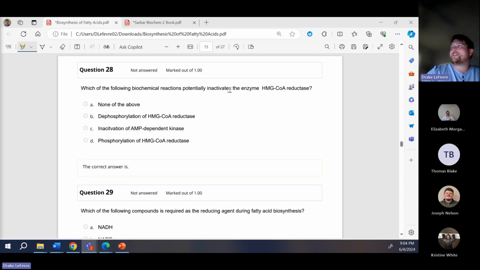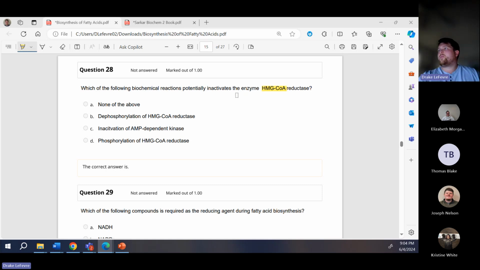Which of the following biochemical reactions potentially inactivates the enzyme HMG-CoA reductase? Whenever we see HMG-CoA reductase or HMG-CoA, what did I tell you to think about? Cholesterol.